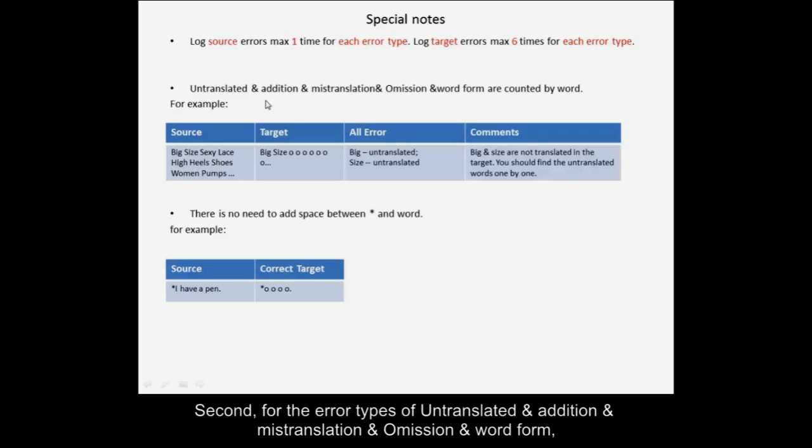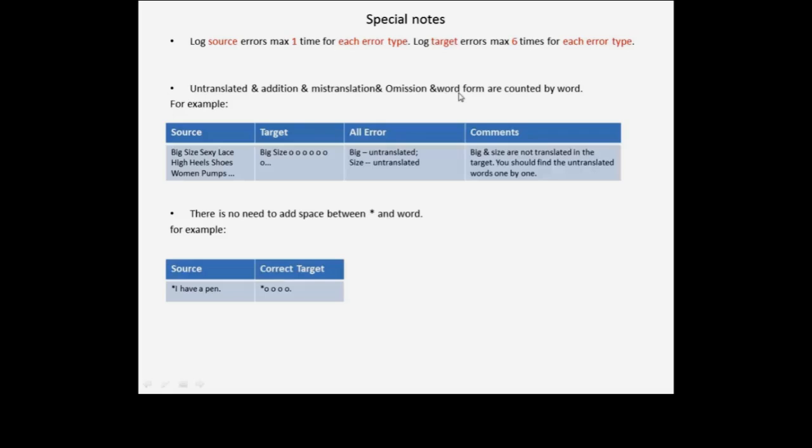Second, for the error types of untranslated, addition, mistranslation, omission, and word forms, all of them are counted by word. Third, space is not required between asterisk and text.